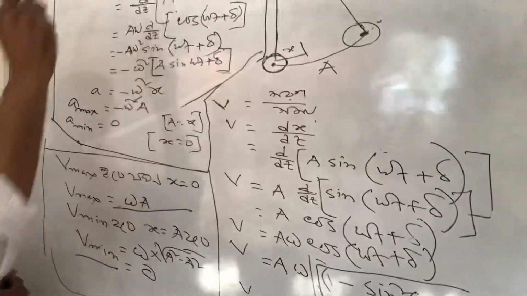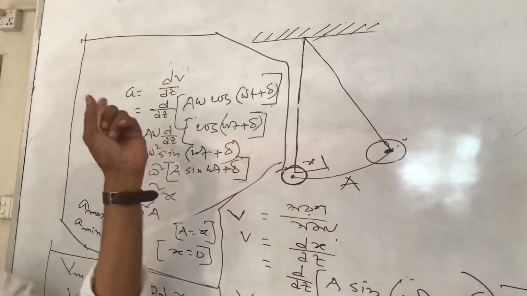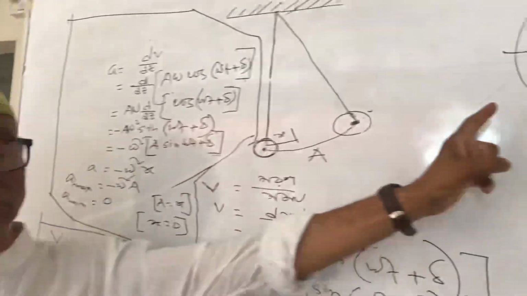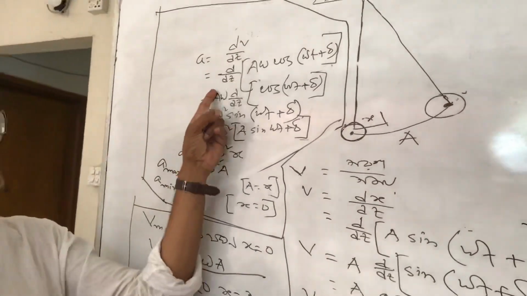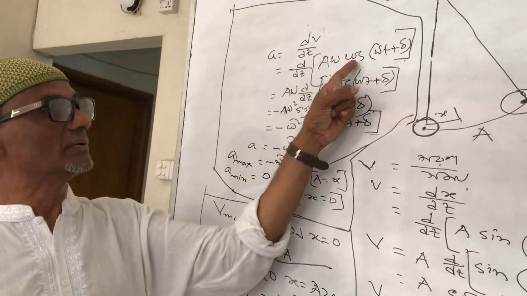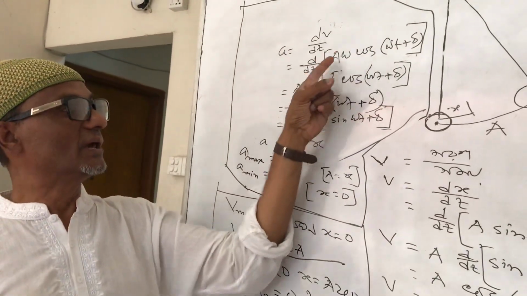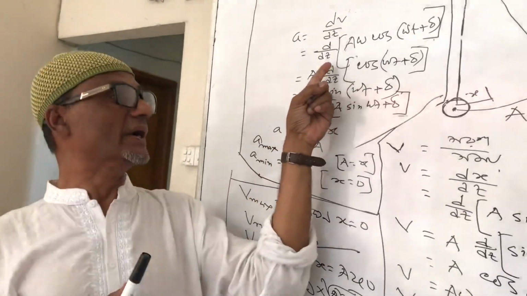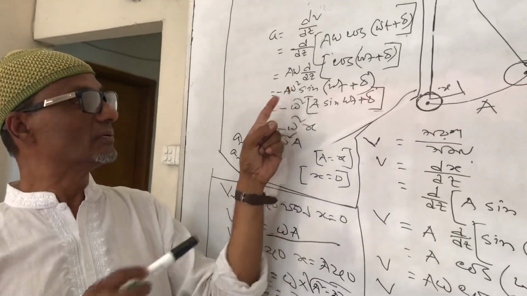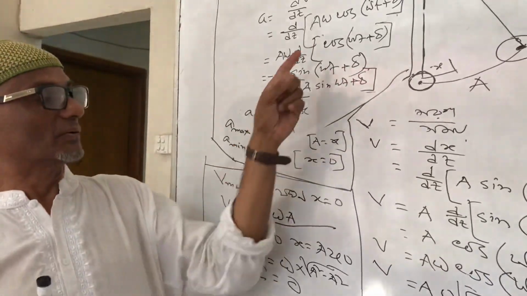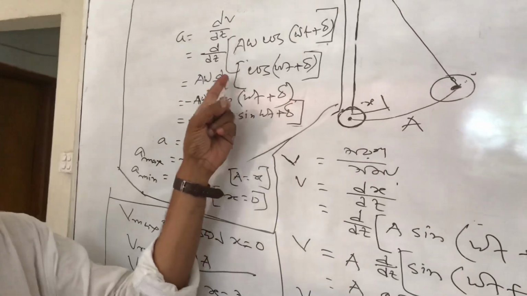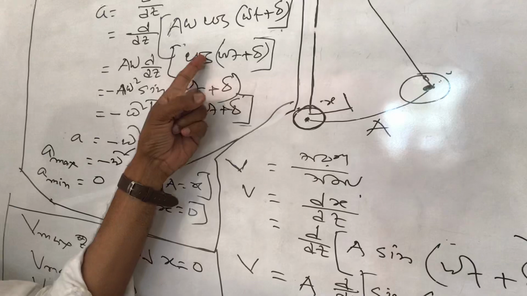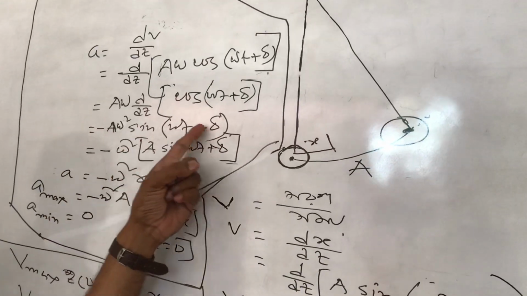Again, for the acceleration, we know the rate of change of velocity of a particle is called the acceleration. So dv by dt. Since v equals A omega cos(omega t), and A omega is constant, it is taken out. Differentiating, d by dt of cos is negative sine.